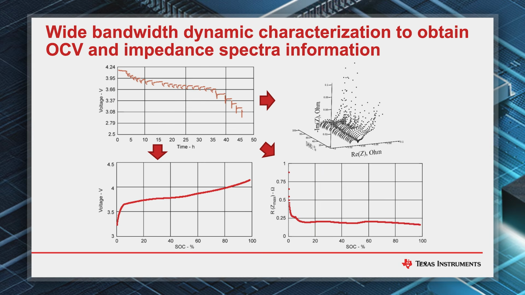In order to make this dynamic Z-track work, we do a wide bandwidth characterization of the cells. In this example, you can see a discharge relaxation profile that is typically used for our battery characterization, which will give you the open circuit voltage of this battery, as well as the low frequency impedance that you can see on the right bottom side, and the impedance spectra at all different states of charge. You can see that the impedance spectra at different state of charge actually change.